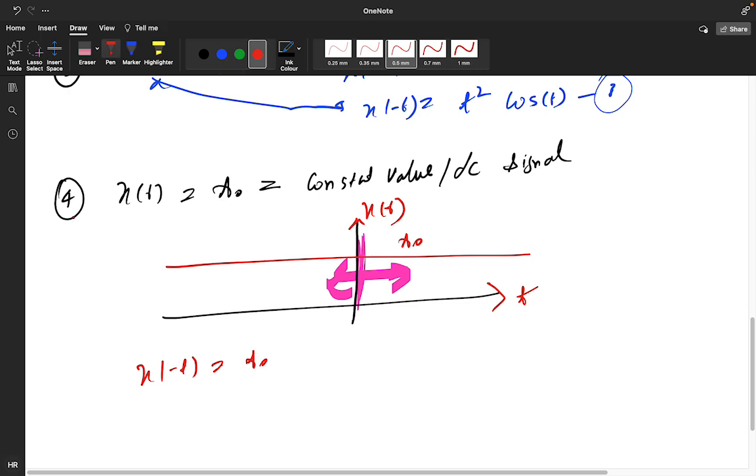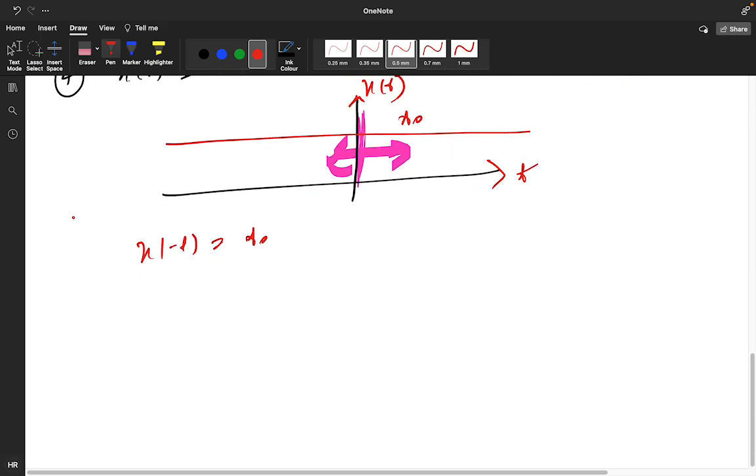So now the next term we are discussing is the odd signal, the second type of signal.